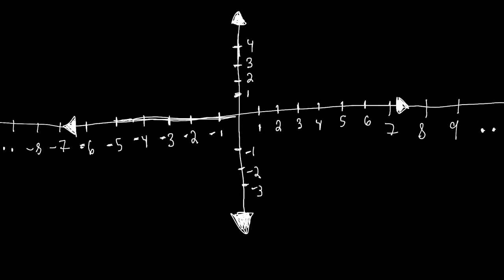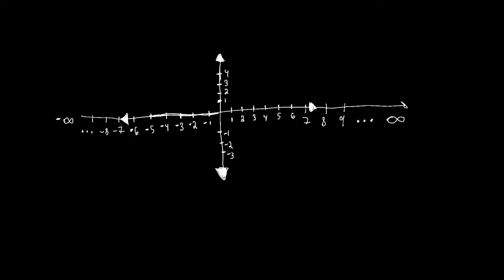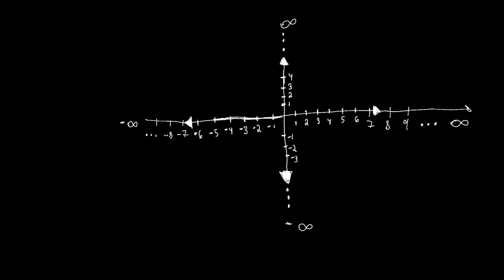And if we take a look at the directions pointing above and pointing below, we can say that here we're going to go up to positive infinity, and then here we're going to go down to negative infinity. And actually I meant as we're moving to the left, we're going to reach negative infinity.